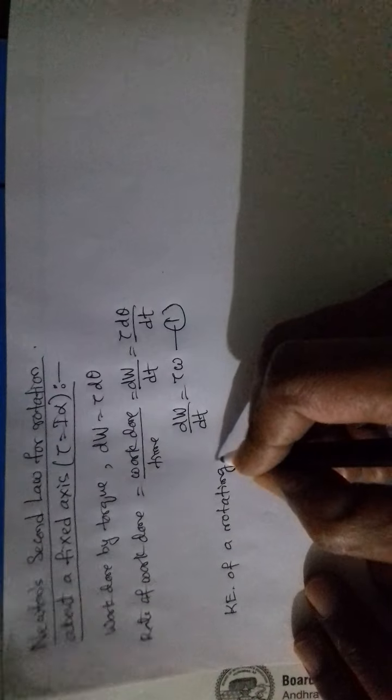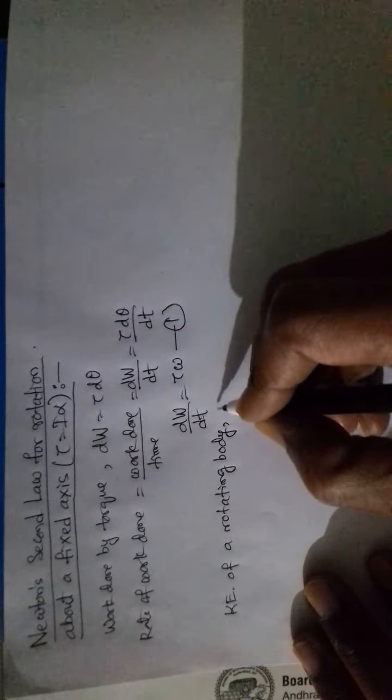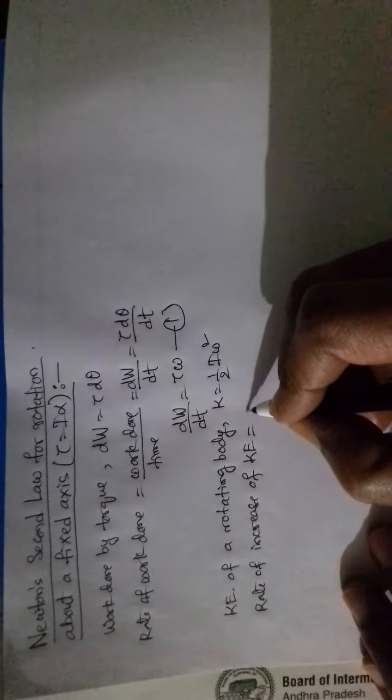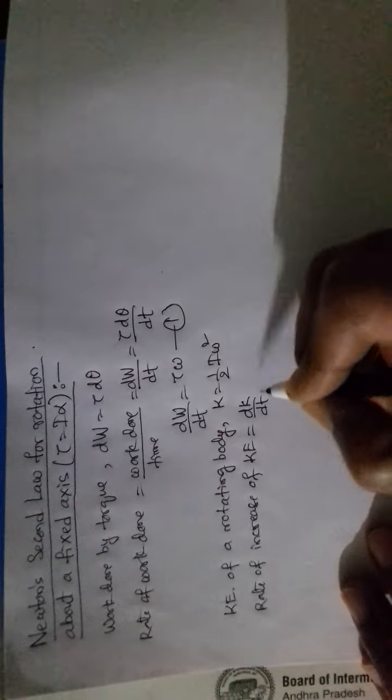So now let us write the kinetic energy of a rotating body. K is equal to half I omega square. Now the rate of increase of kinetic energy is nothing but dK by dt.